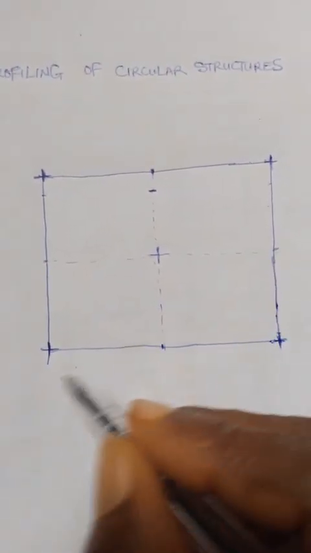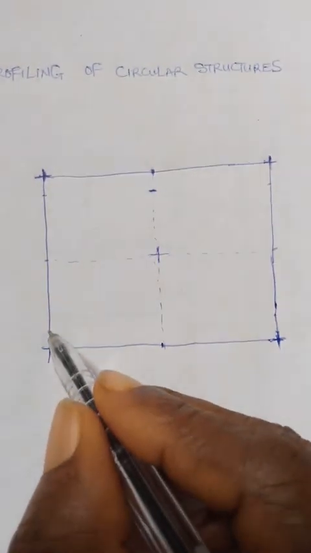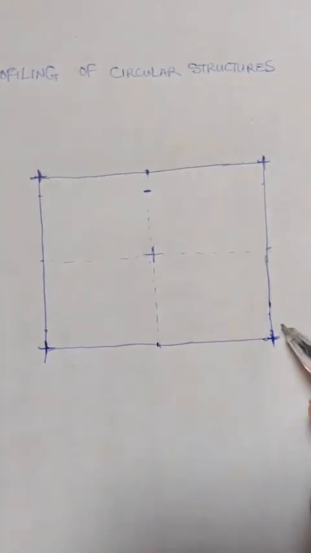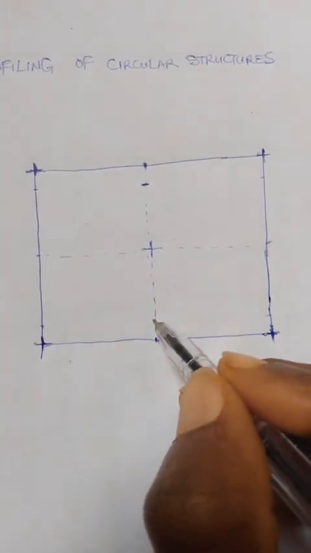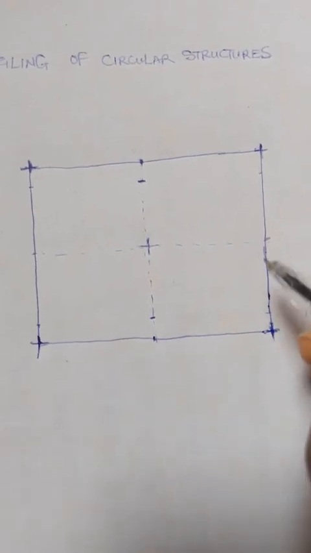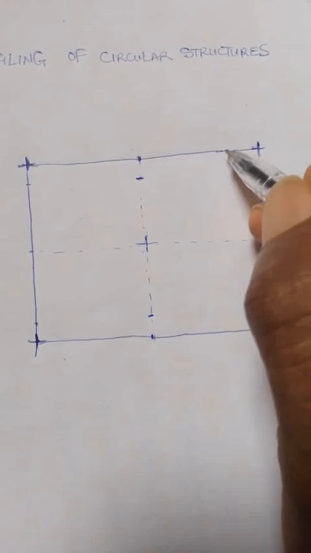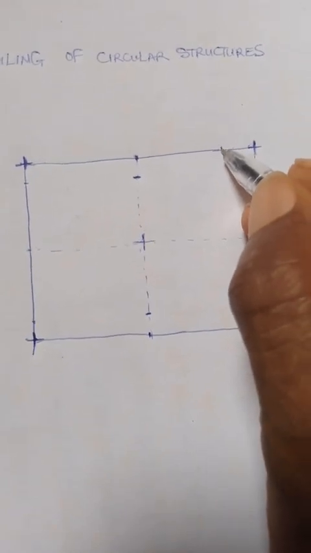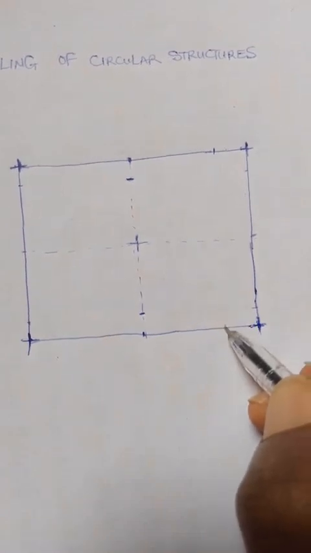Now for you to get here as well, you measure the same distance you measured here, inward with your measuring tape. So let's say you have established the point here, then you come to this side as well, you measure a known dimension, and you also measure from here to this point.